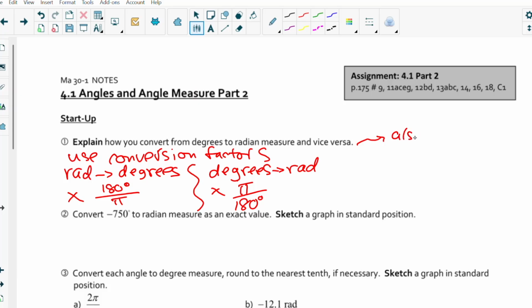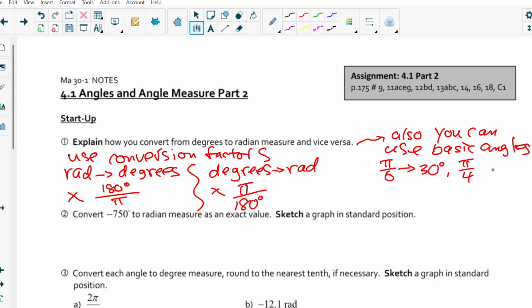Here's a tip. Also, you can use our basic angles. Pi over 6, these you should commit to memory. Pi over 6 is 30 degrees. Pi over 4 is 45 degrees.